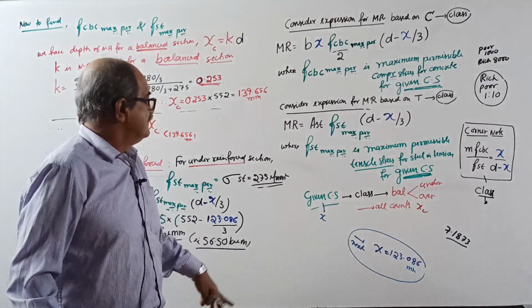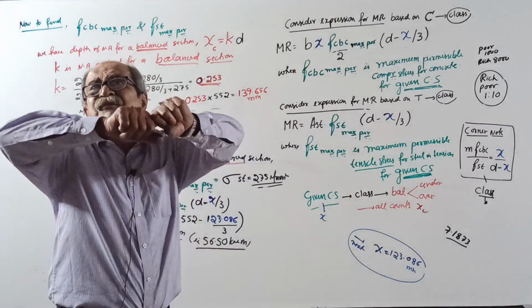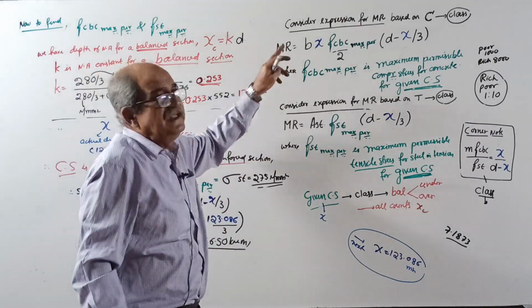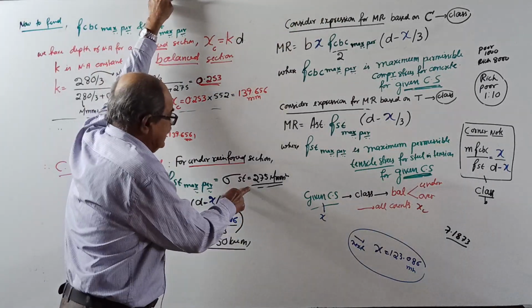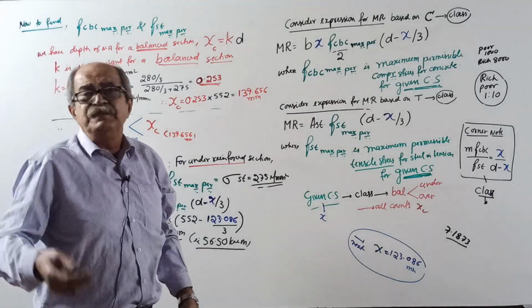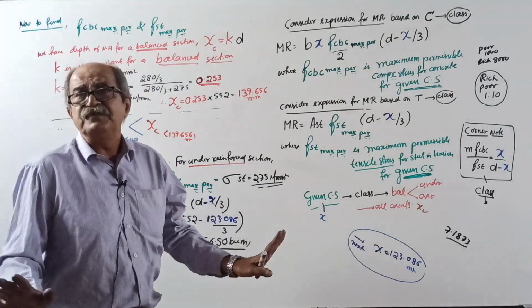Suppose you increase the BM further and make the stress in concrete reach 8.5; by that time the stress in steel will go beyond the limit. It may go to 300 like that. Not safe.